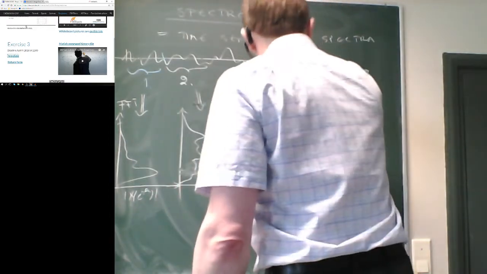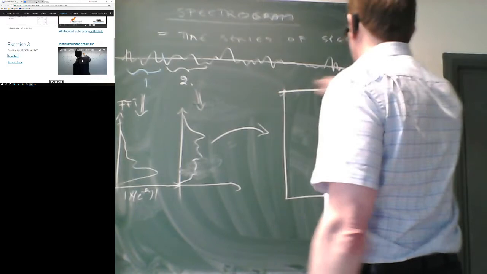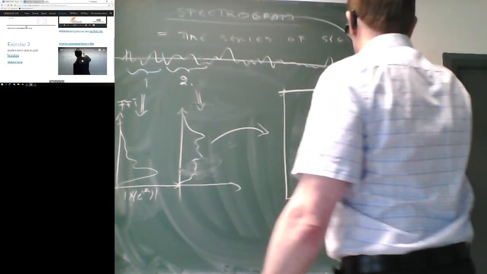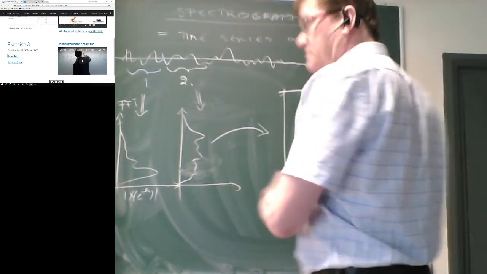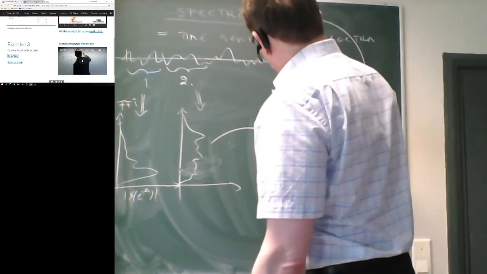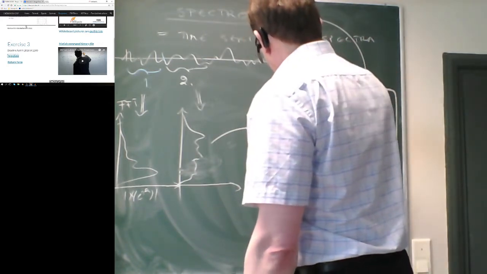Then we take this time series and compress it into one picture. The spectrogram is this picture, where time goes from left to right as usual, and frequencies go from 0 to the Nyquist rate.